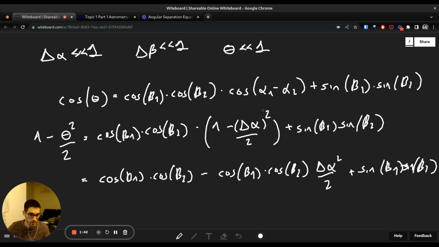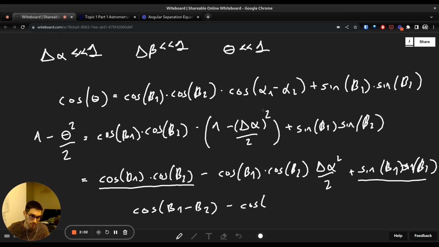And it happens that this and this is equal to cosine of beta 1 minus beta 2. So we can write all the same. This is of course equal to 1 minus theta squared over 2.